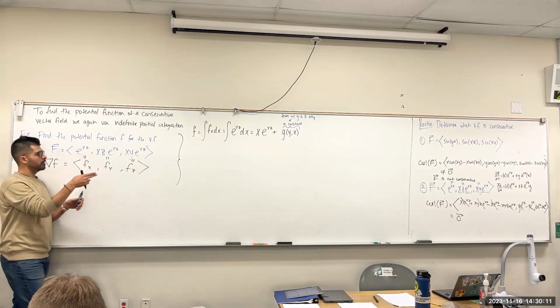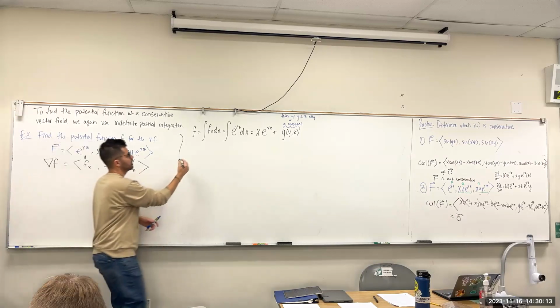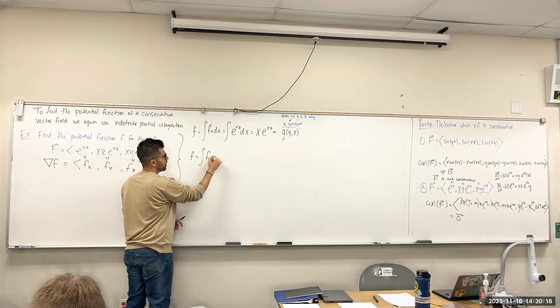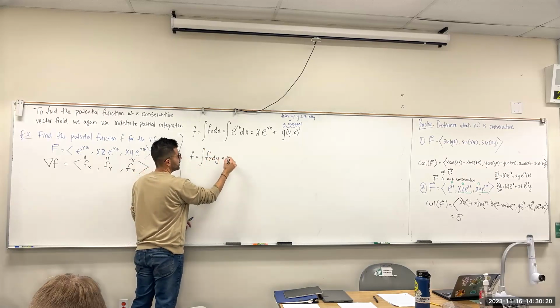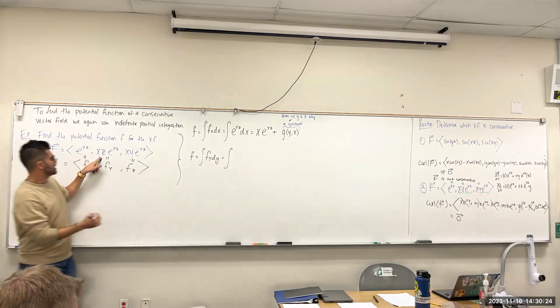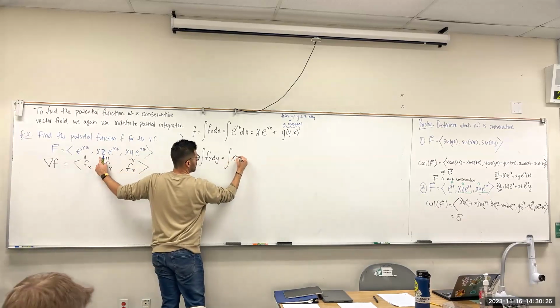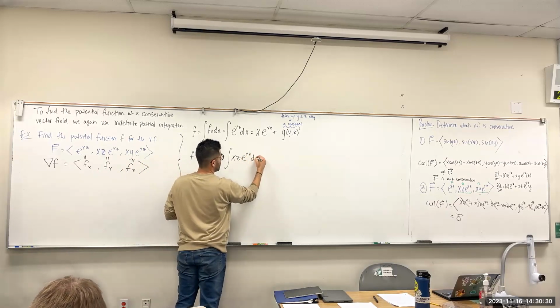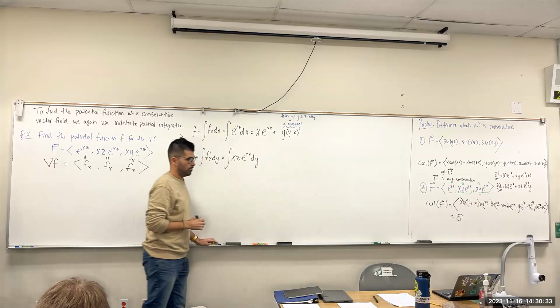So then we did it for x. Now let's do it with respect to y. So if I want to find f, I'm going to undo the partial of y by integrating it with respect to y. But that partial is xz e to the yz with respect to y. Ooh, this one we got to be a little bit more careful.